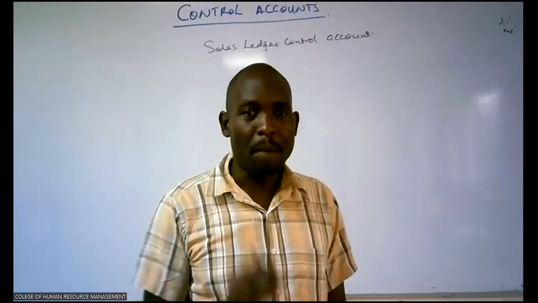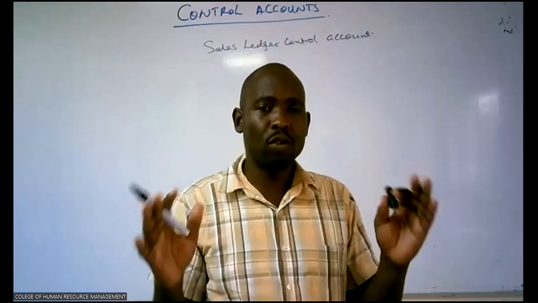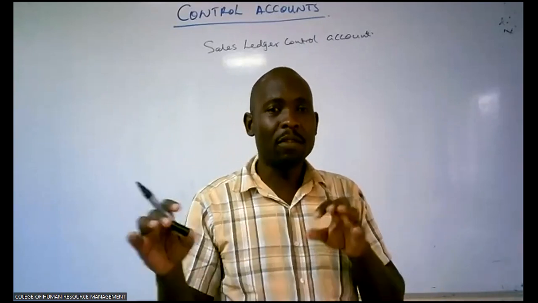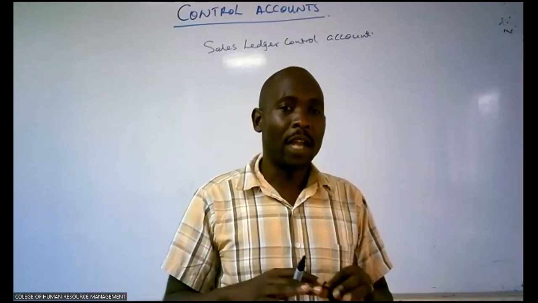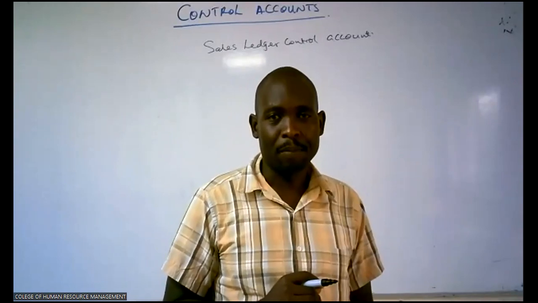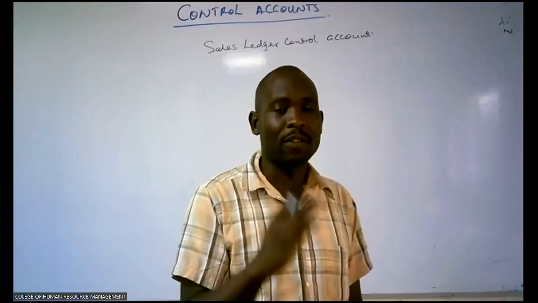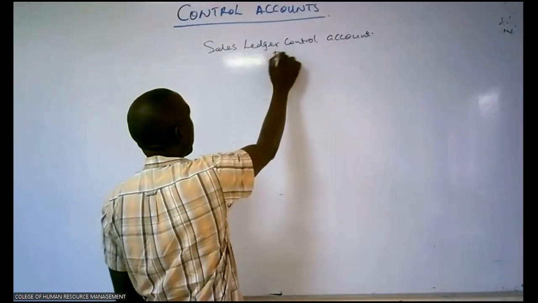The debtors. By the word control here, we mean that we are going to have quite a number of similar accounts. Instead of having them separately, we can have one account that gives us a summary of all the other accounts. For the case of the sales ledger control account, we are going to have these people we call the debtors.